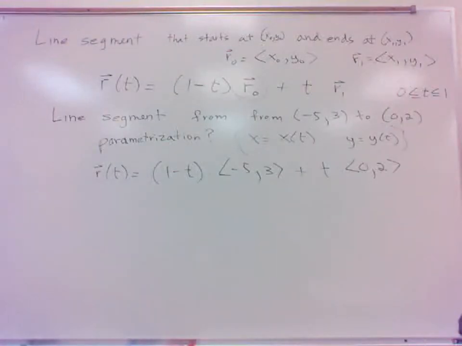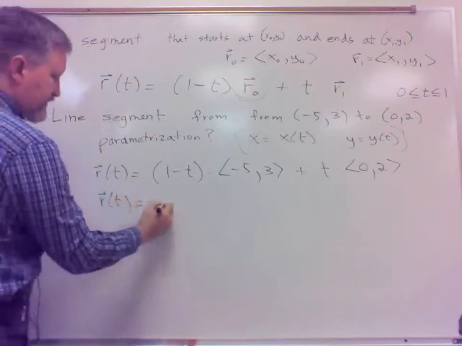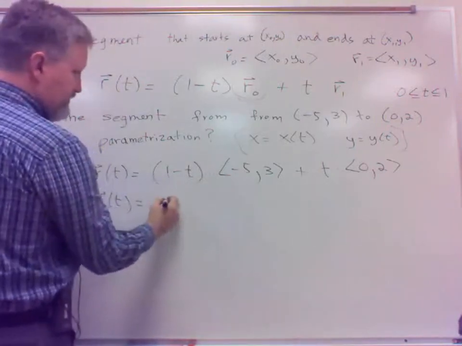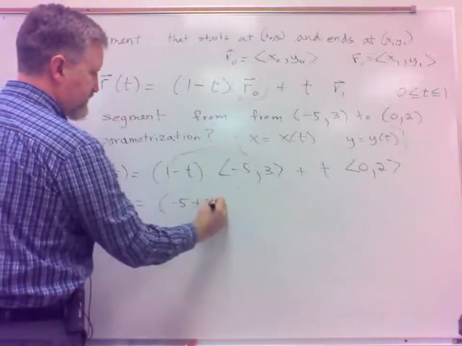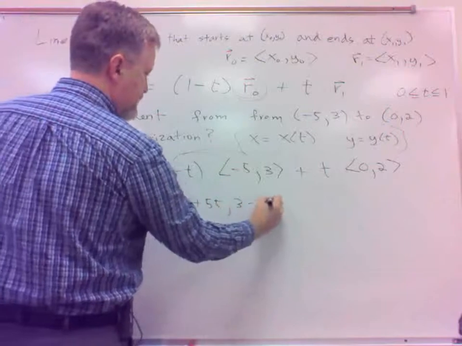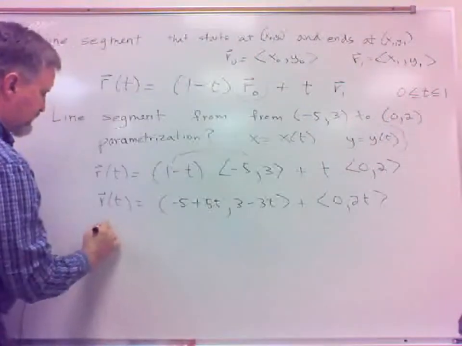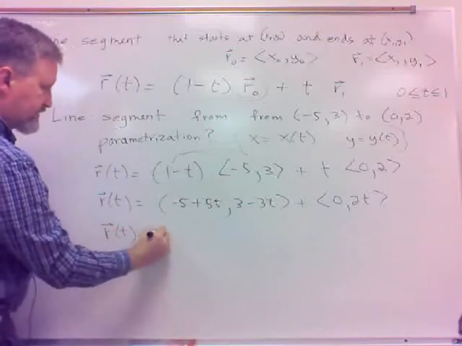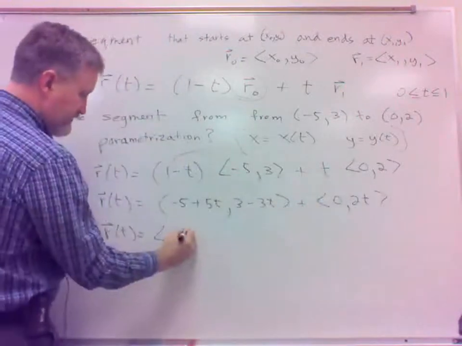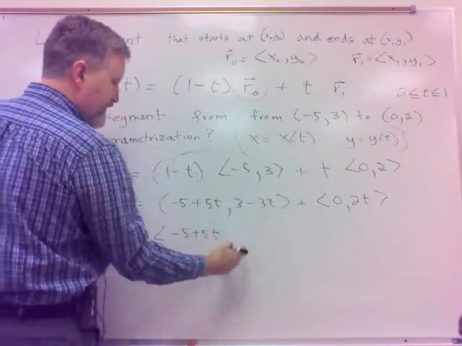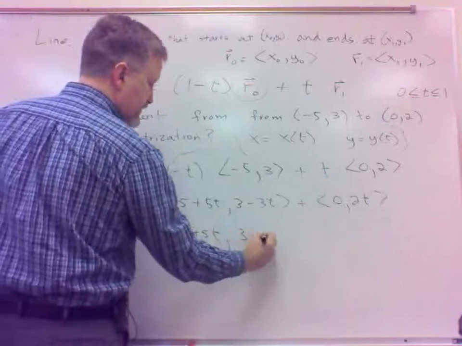If we complete the calculations, this will be times both of those, so it'll be negative 5 plus 5t, comma, 3 minus 3t, plus t times both of those. If we add those two together, what do we got? Negative 5 plus 5t plus 0, just negative 5 plus 5t. And then 3 minus 3t plus 2t would be 3 minus t, wouldn't it?